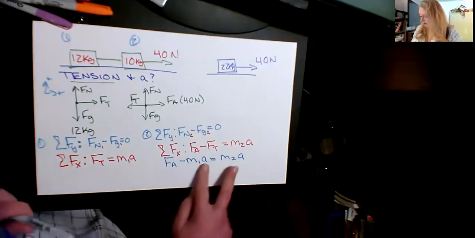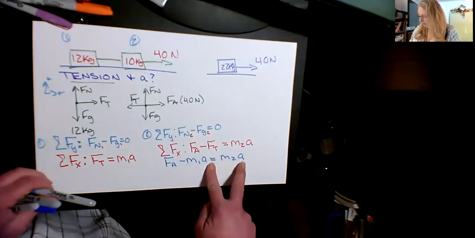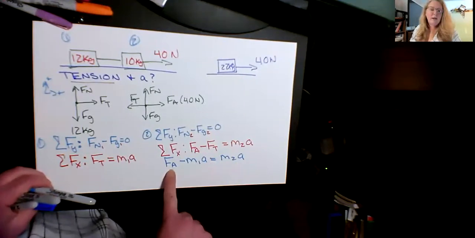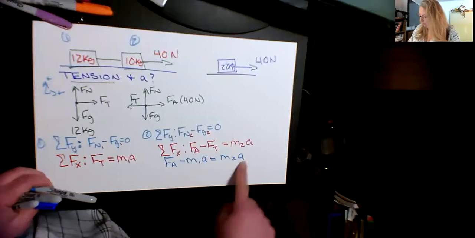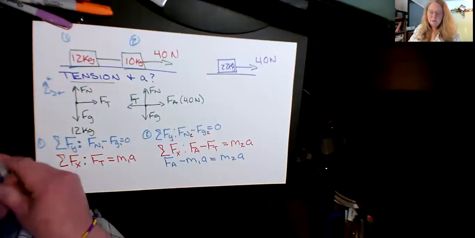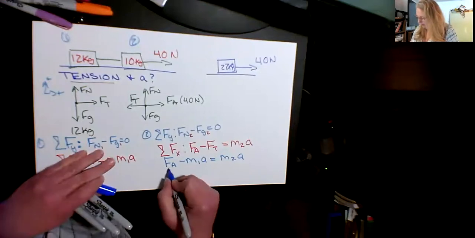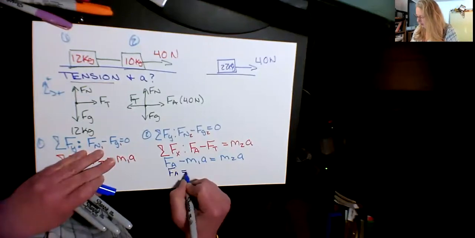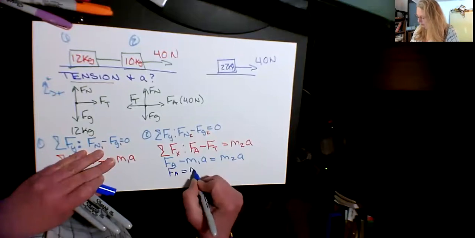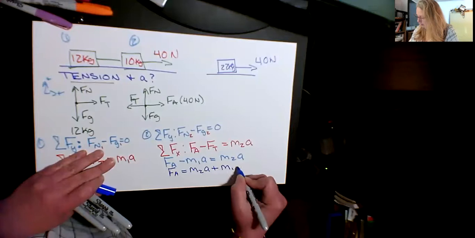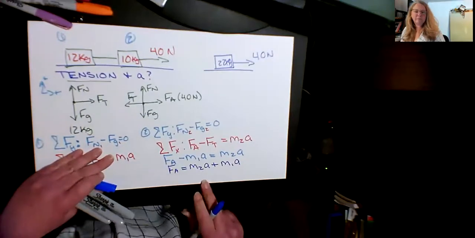I know the acceleration is going to be the same. I don't know what it is yet, but I know it's going to be the same. And I know what this force applied is. So I can move this mass 1 times acceleration to the other side. So I'll get that the force applied equals mass 2 times acceleration plus mass 1 times acceleration.